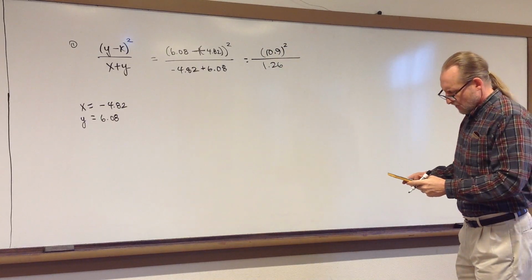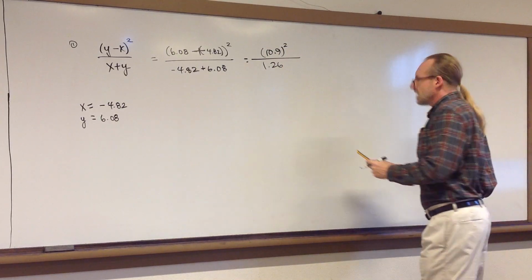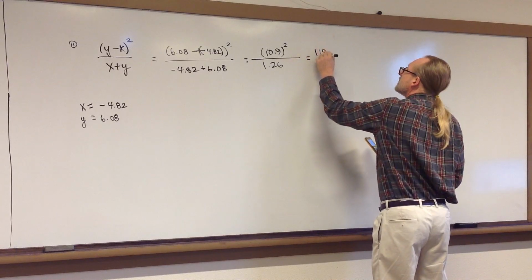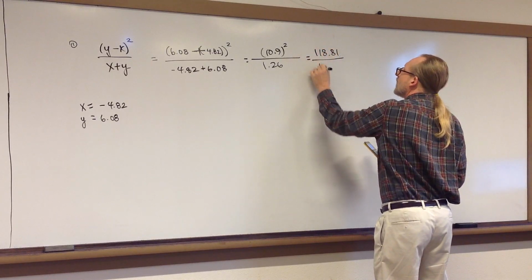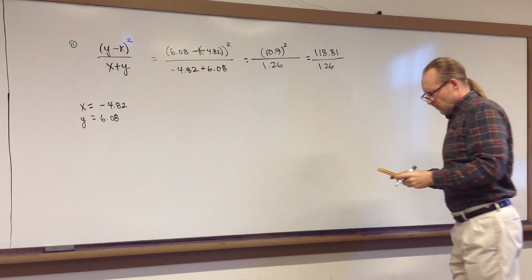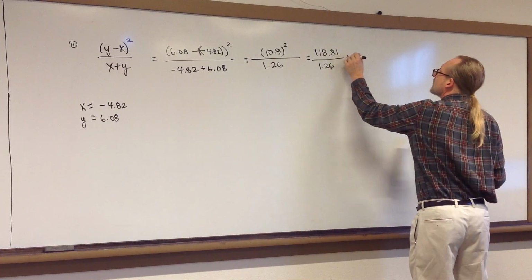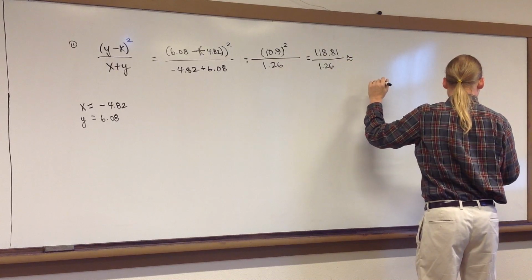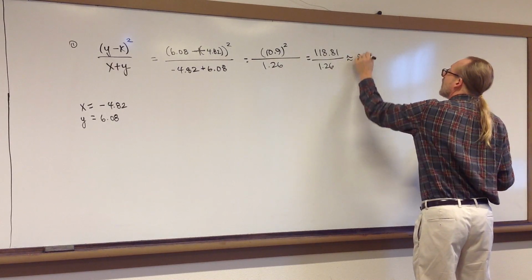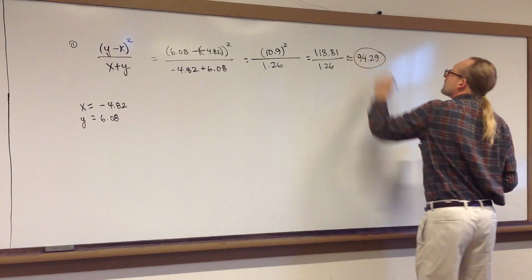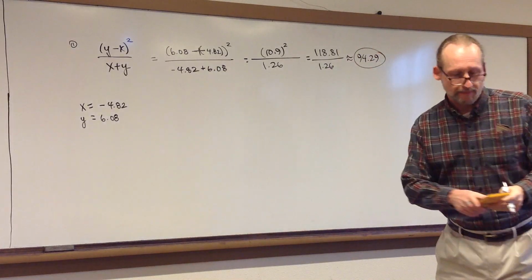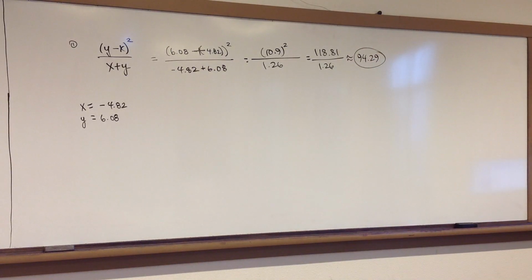Okay, so then we're going to square that 10.9. We'll get 118.81 divided by 1.26. And then we'll round our answer to the nearest hundredth, which will be 94.29 for problem 1.